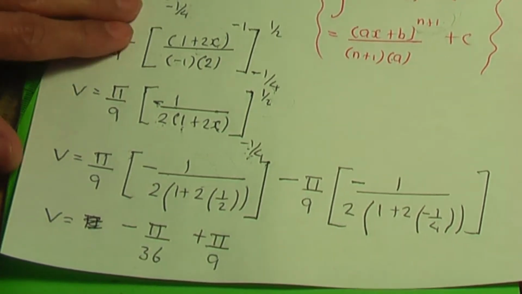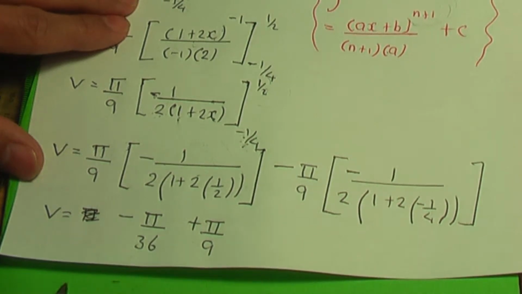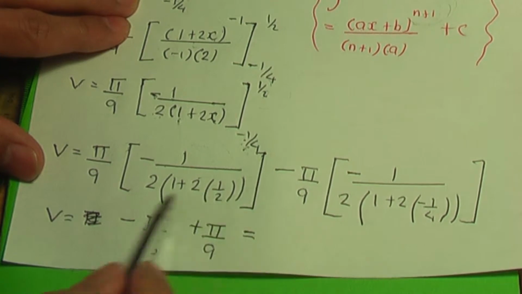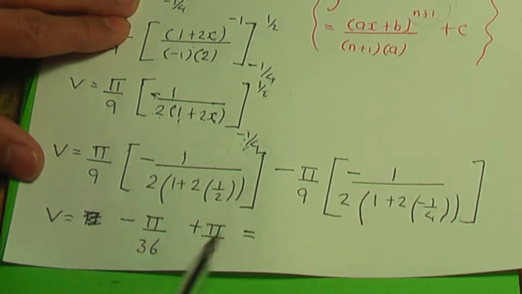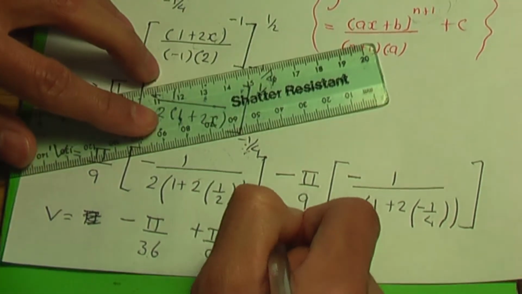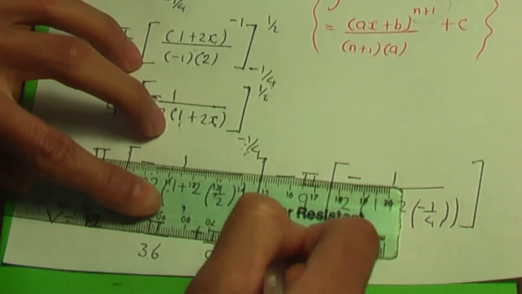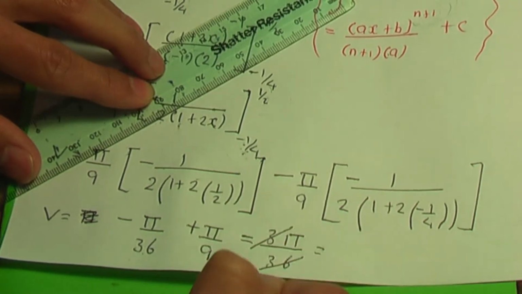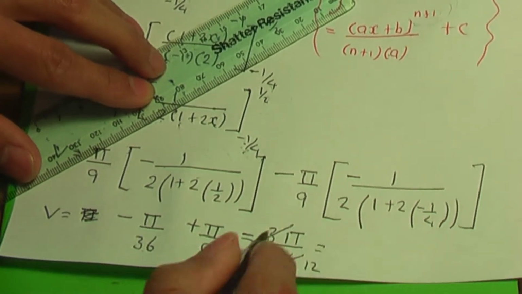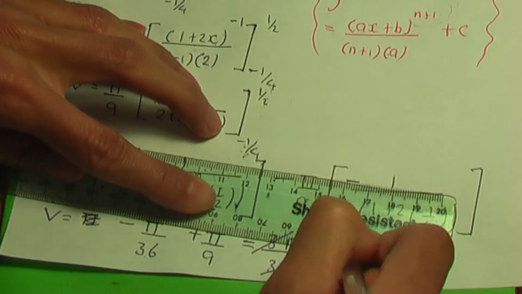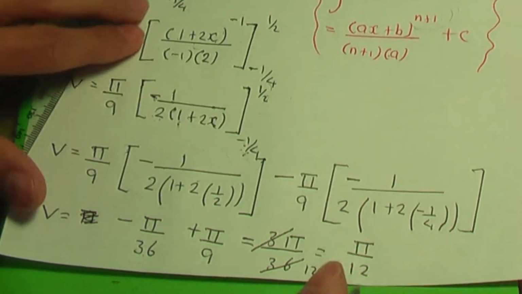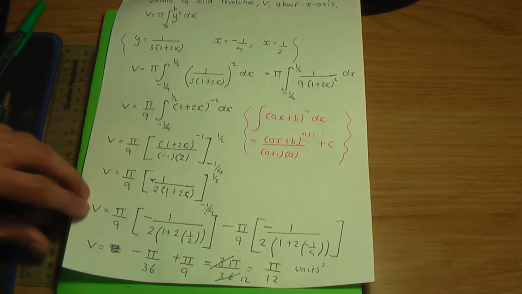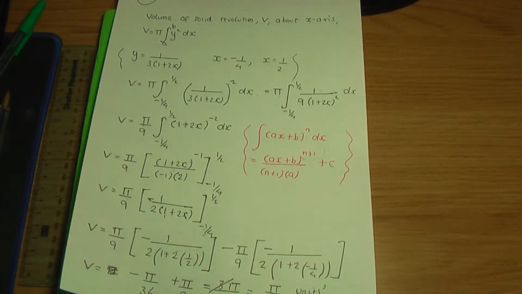That is what you should have as part of the simplification process. If we take a common denominator of 36, the answer is going to be 3 pi over 36. And as 3 goes into 36 12 times, you should have an overall answer of pi over 12. So it's pi over 12 units cubed. That is the volume for the first part, part A.